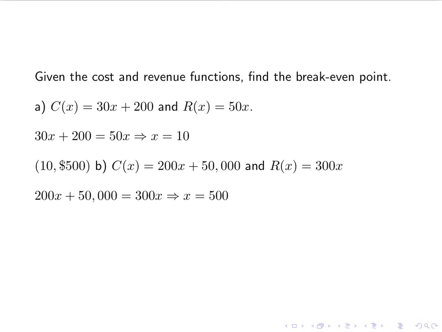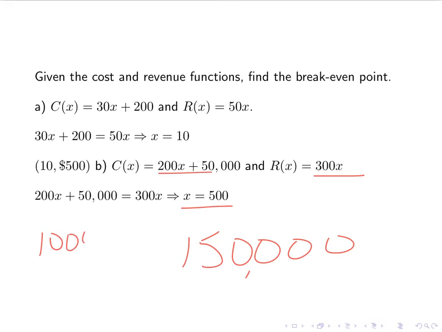And then again, I can plug it into C, plug it into R, make sure I get the same thing, and hopefully I do. I should be getting 300 times 500, 15 followed by 4 zeros, and then 200 times 500, if I plug it into C, is 10 followed by 4 zeros, plus 50,000, and that is also 150,000.